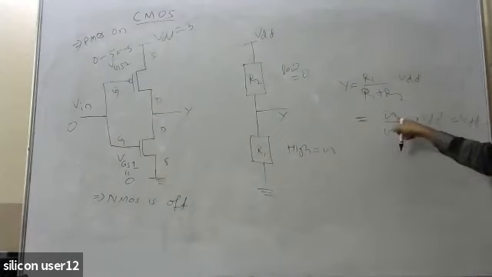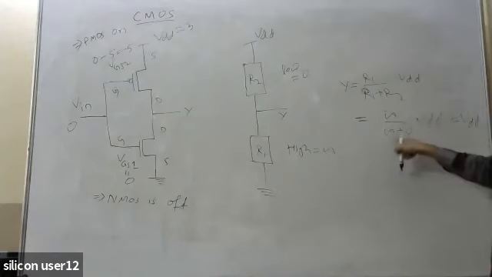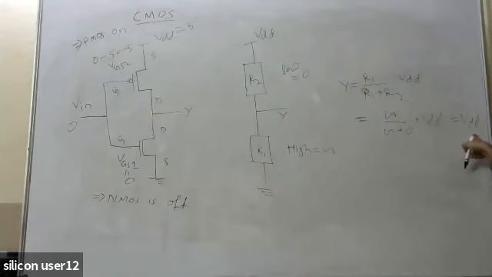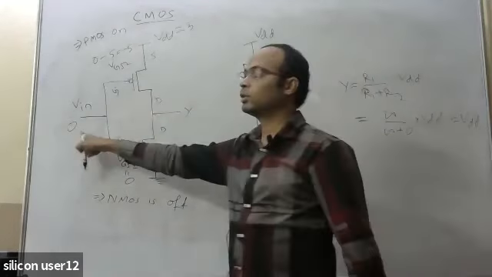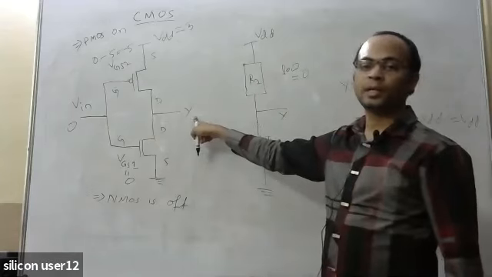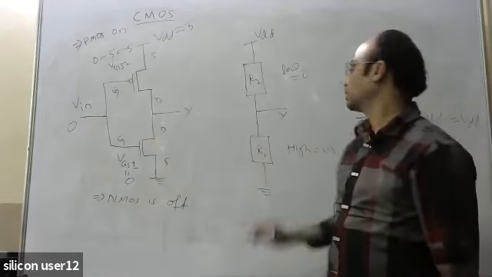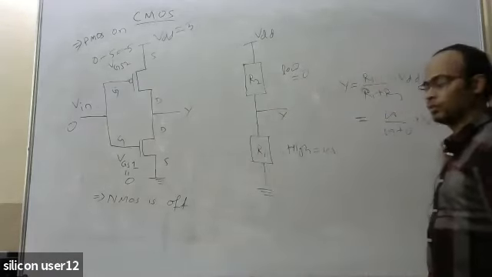Actually, it will not be infinite, it's a high quantity. So that high quantity by high quantity cancels out, into VDD, and that is equal to VDD, or high voltage. That means in the input I gave 0 volt, and in the output I am getting a high voltage. I had done that wrongly, so you should have told me.